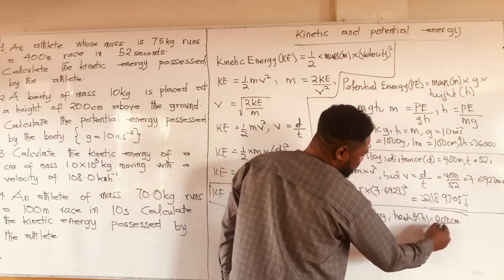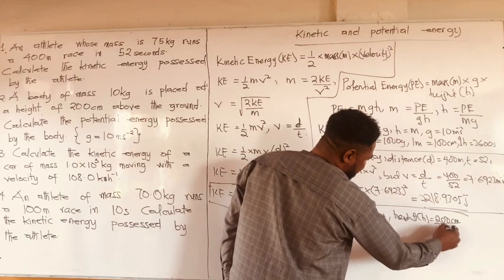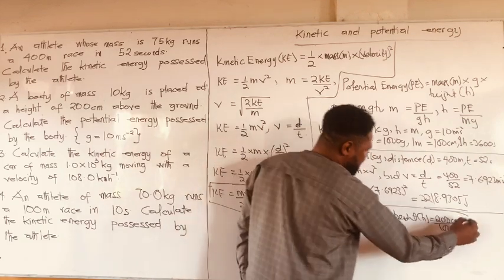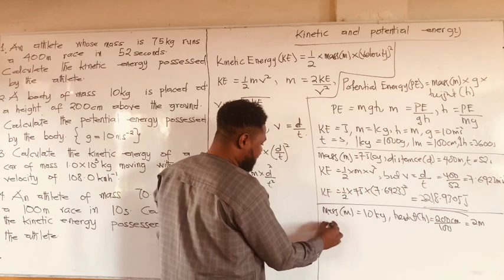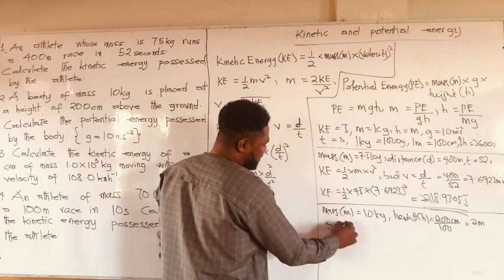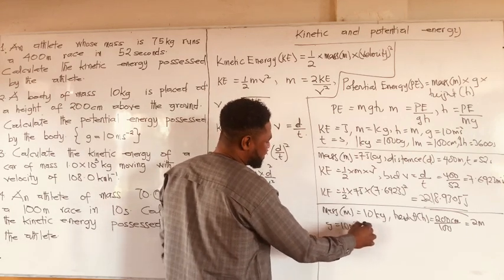But here we change to meters, so we divide by 100, and that will give us 2 meters. And again, our gravity is given as 10 meters per second squared.